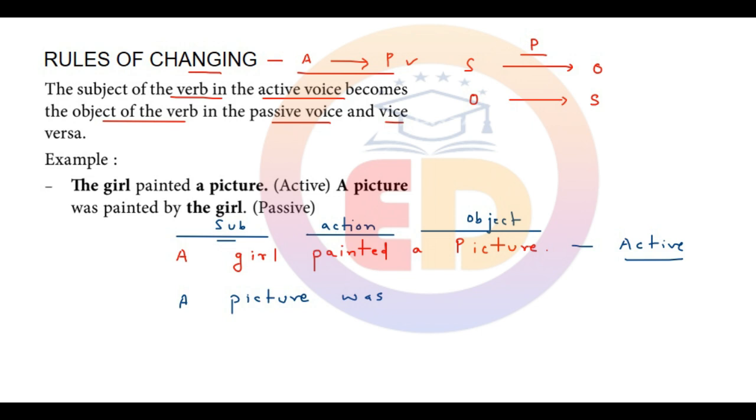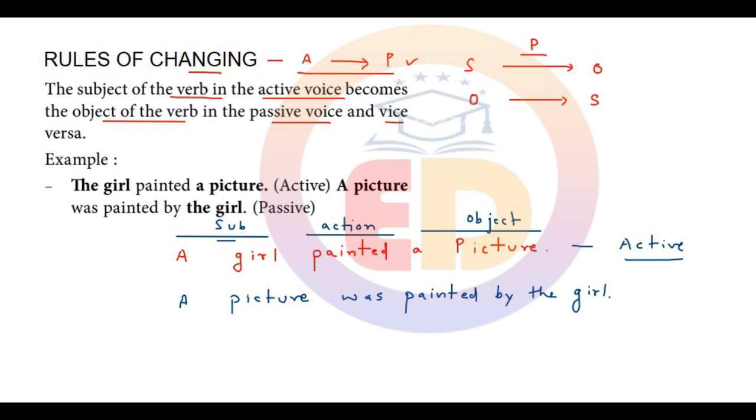We'll discuss the change of tenses or the change of helping verb in detail as we proceed. So a picture will be followed by was because it is a sentence of past tense. Then write the verb painted by the girl.